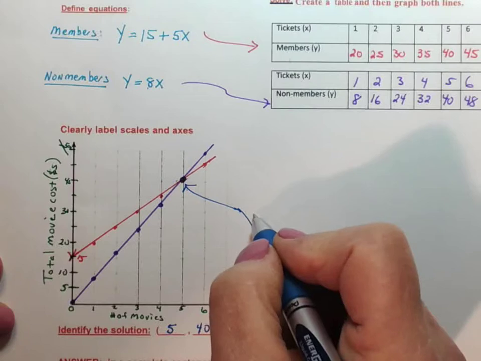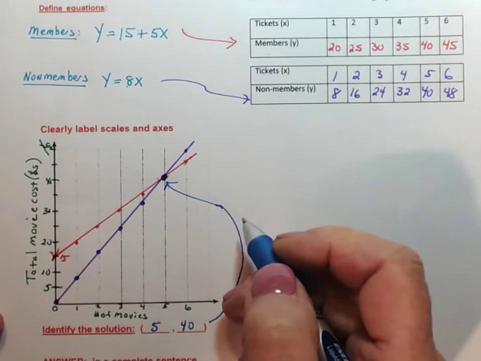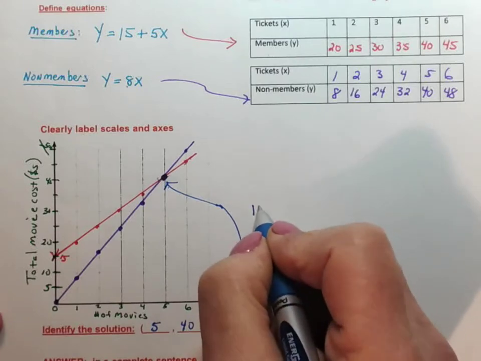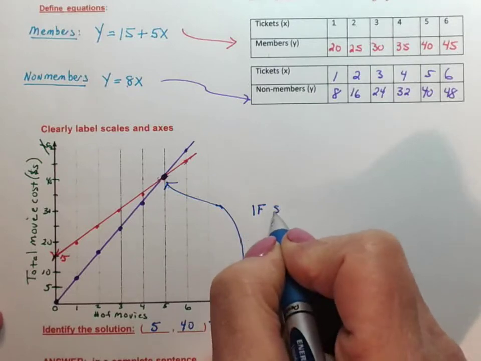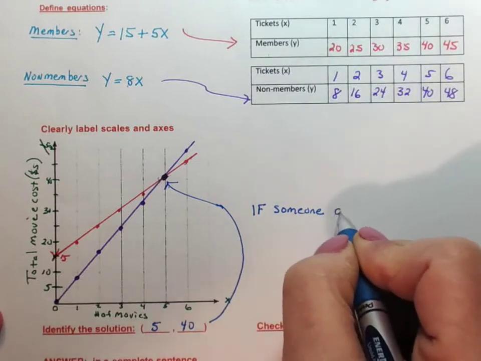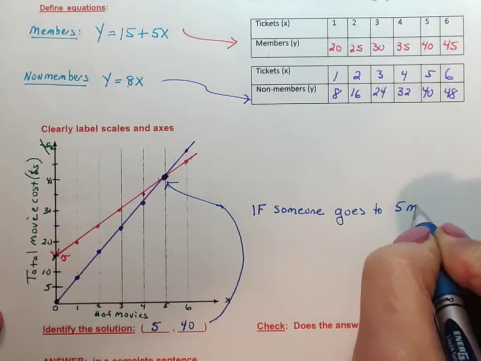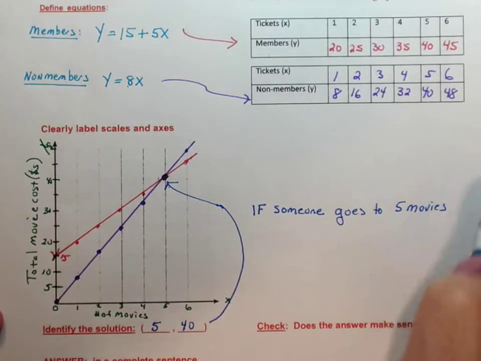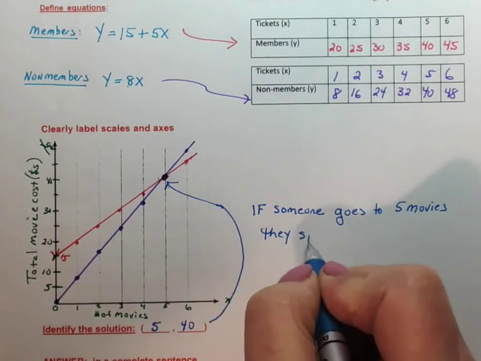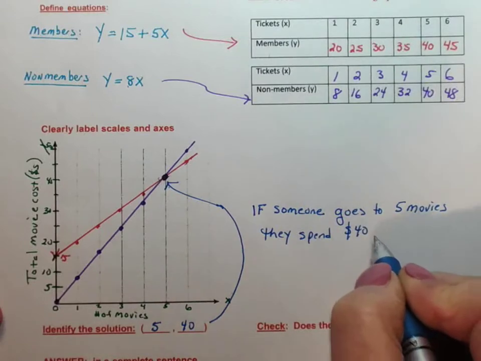So that means that if someone goes to 5 movies, they spend $40.